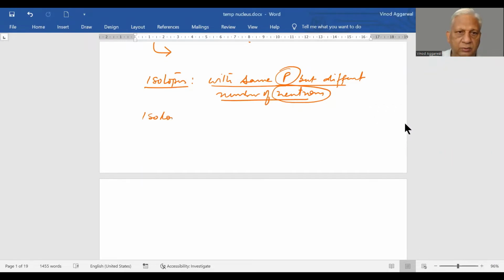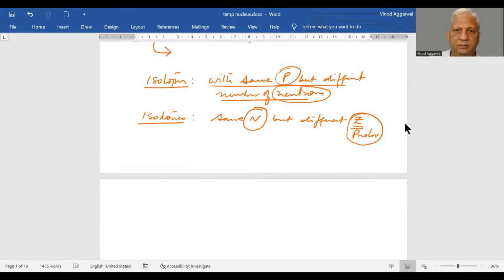Next is isotones. Isotones are two atoms with the same number of neutrons, but a different atomic number. The atomic number is the number of protons. Neutrons are same, but protons are different.